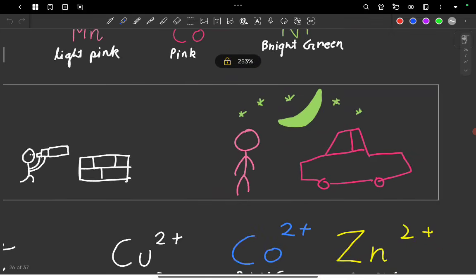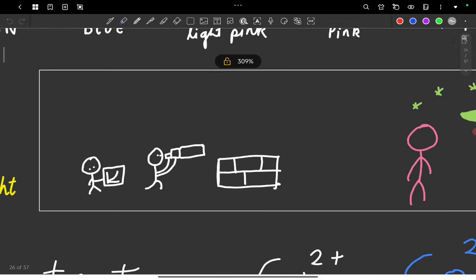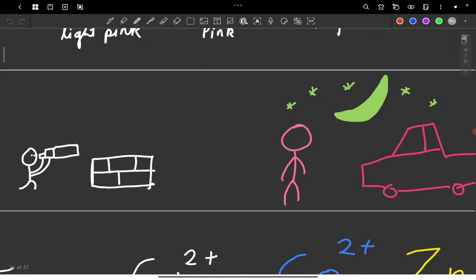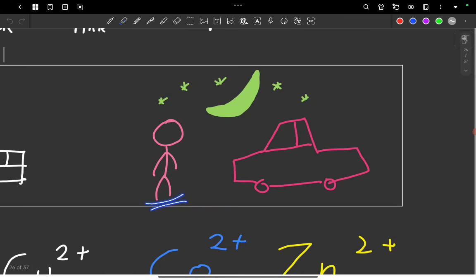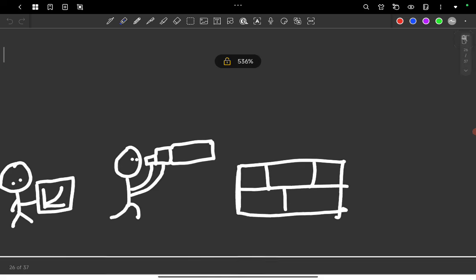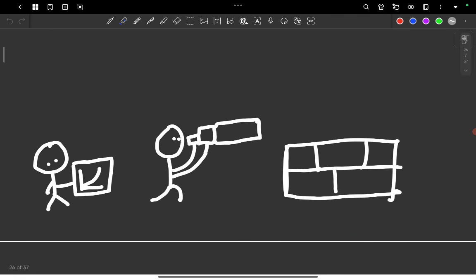But basically the police, these are police guys, and they are very scared of this man, but they want to investigate this man. So what they are doing, they are spying on that man.